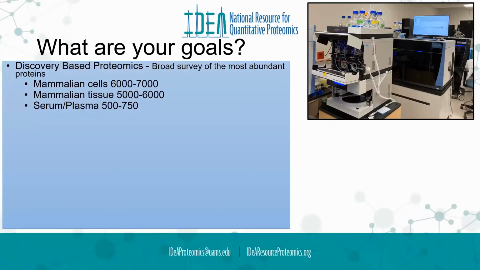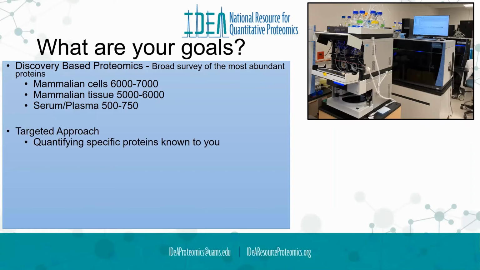So what exactly are your goals? Most people that use our services do discovery-based proteomics. This is a broad survey of the most abundant proteins. With good sample preparation, we have found in the core to be able to identify in mammalian cells 6,000 to 7,000 proteins, or 5,000 to 6,000 proteins identified in mammalian tissue, and between 500 and 750 in a serum or plasma run.